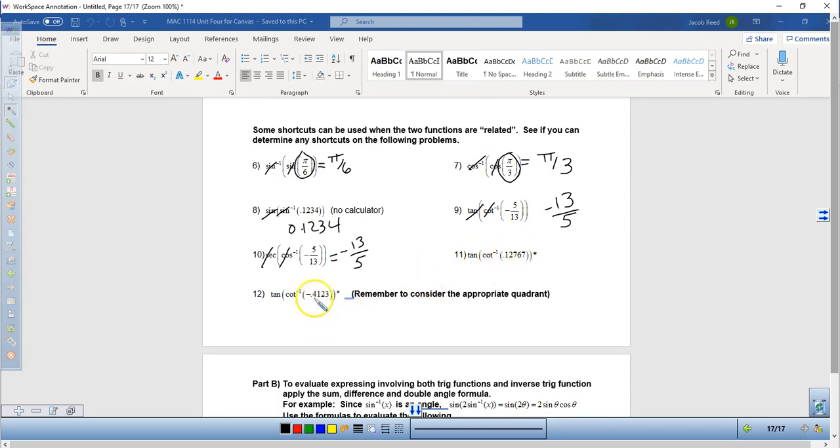Now on these, they say there's tricks to these. I didn't really see the trick to these, other than that you can rewrite this one as tangent of tangent inverse of 1 over 0.12767, positive.